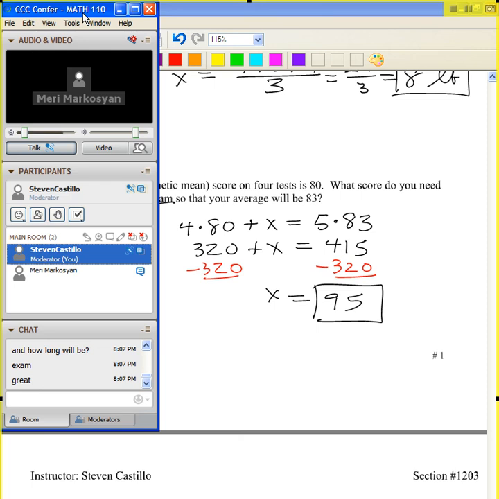Okay. If there are no other questions about anything, then where to find Scantrons? You have to go to the student store. So if you go by the student store on campus, the bookstore, and just go to the cashier, you can buy them.